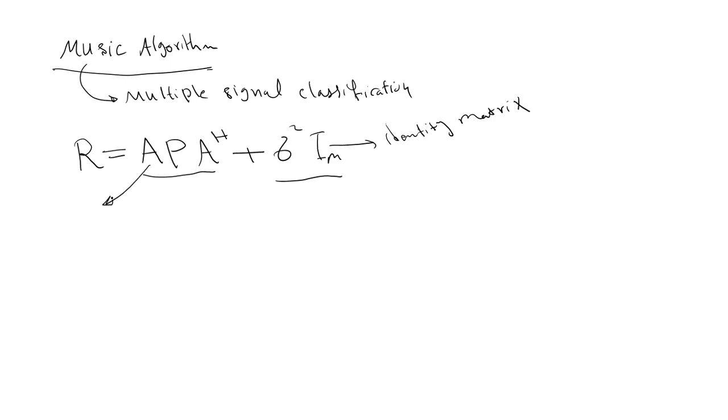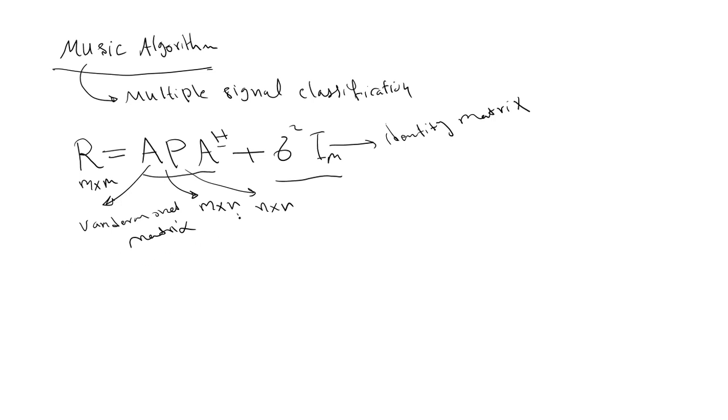A is a Vandermonde matrix. R is an M by M matrix, A is an M by N matrix, and P is an N by N matrix. H stands for conjugate transpose.